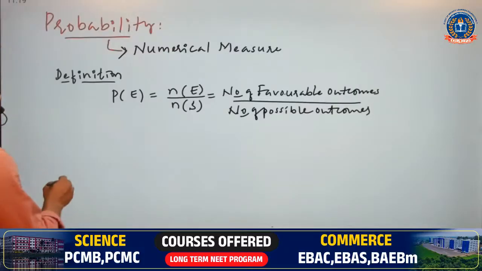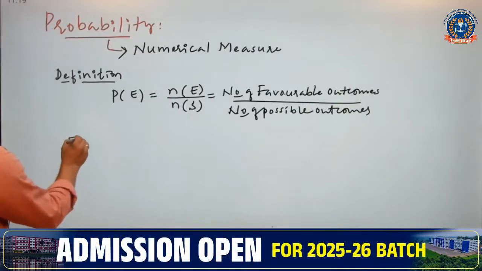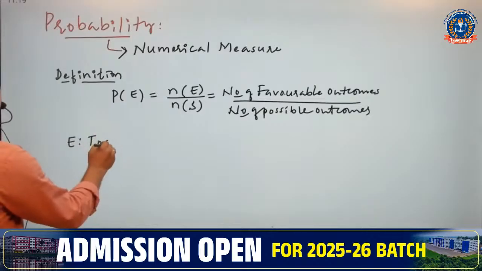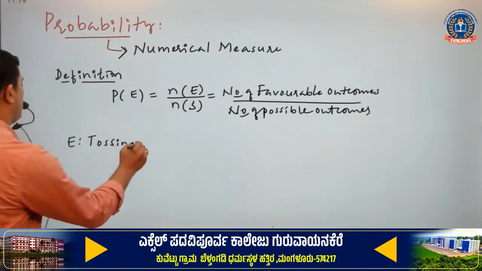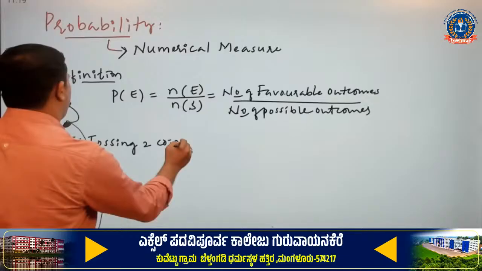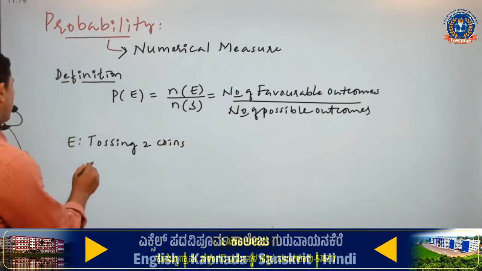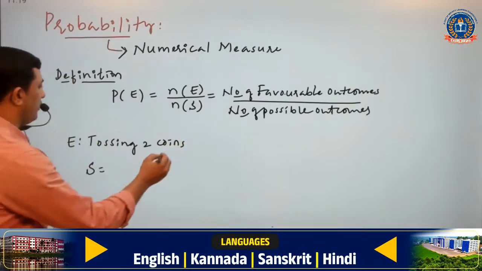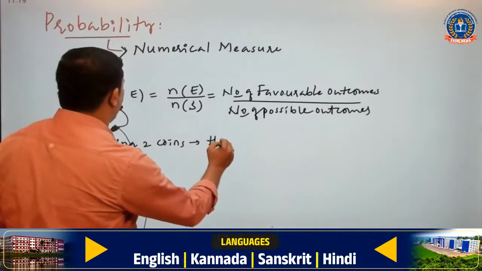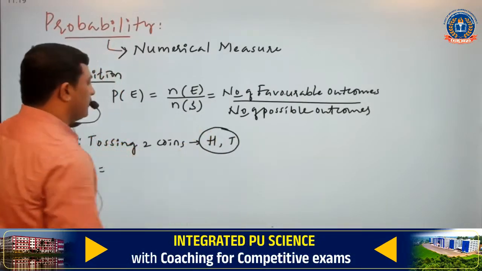Let me take one event, tossing two coins, and we need to write the sample space for that one. When you toss a coin, there is a chance of getting head or tail. These are the two options.